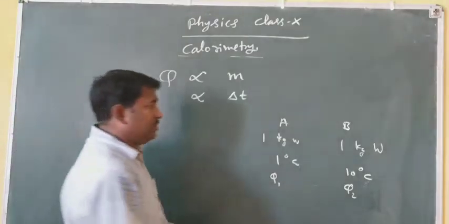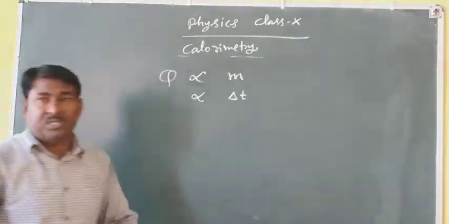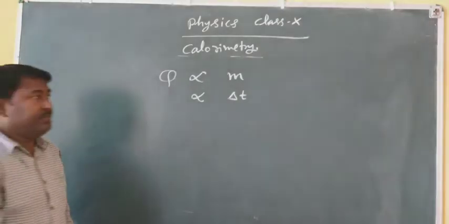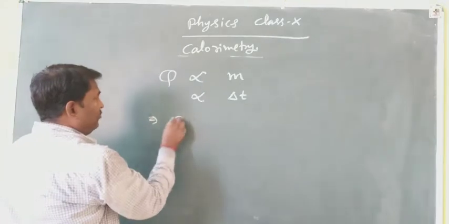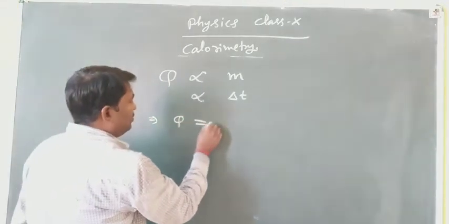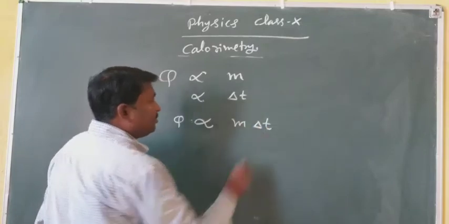And the third factor is the nature of the substance. So when we combine them, we write Q is proportional to mass and change in temperature.